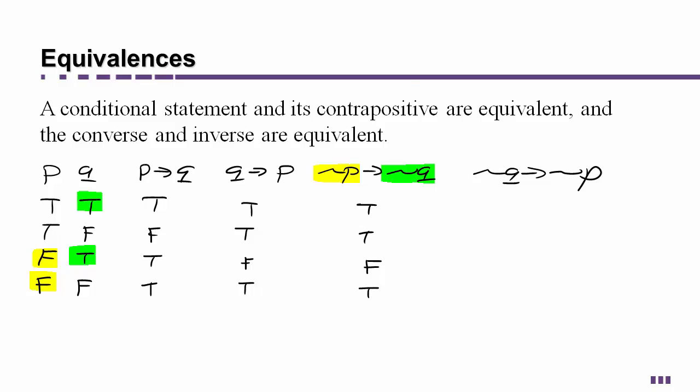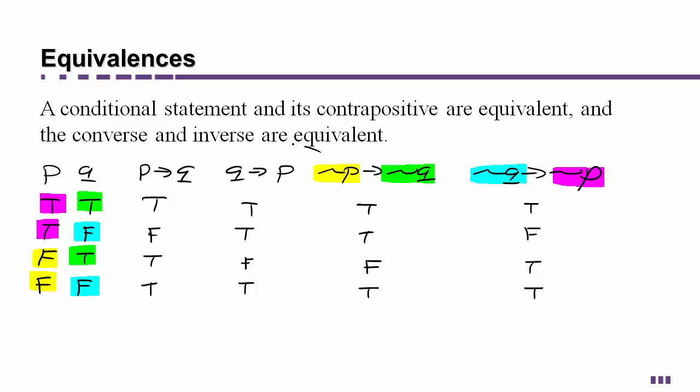Okay, and then we'll do the same thing here. This thing has to be true, which means Q has to be false. And then this thing has to be false, which means P has to be true, and they match up there with the second one. So that's false, whereas everything else is true.